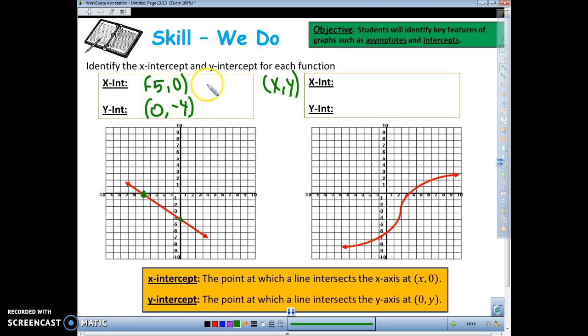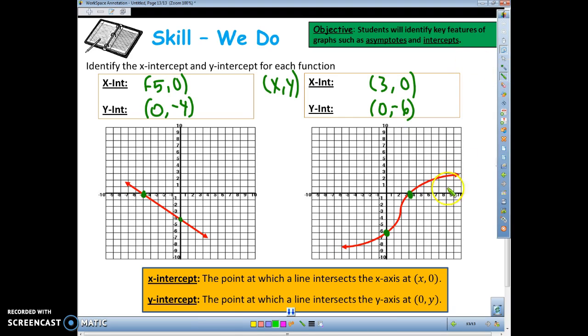Okay, remember we use parentheses here. We've been working with interval notation, but these are ordered pairs, so we use parentheses for points. In this example, I have a y-intercept here, an x-intercept here. My x-intercept, I go over 3 on my x-axis, always x first, and then I don't go up or down. And my y-intercept, I don't go anywhere on my x-axis, 0, and then my y value is -6.